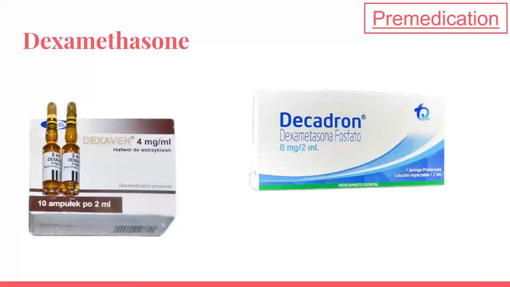As I mentioned earlier, dexamethasone is used exclusively for prophylaxis. The exact mechanism of its action is not well understood. It should be noted that the doses used in premedication are lower than in regular treatment, being around 4 milligrams for premedication.